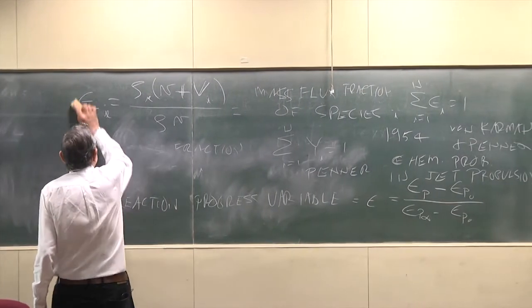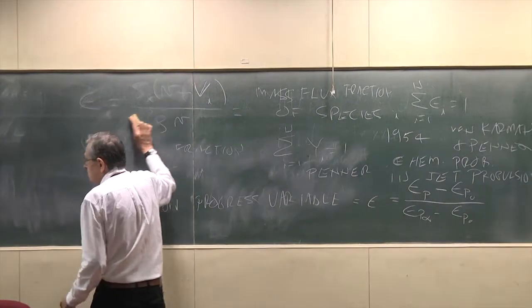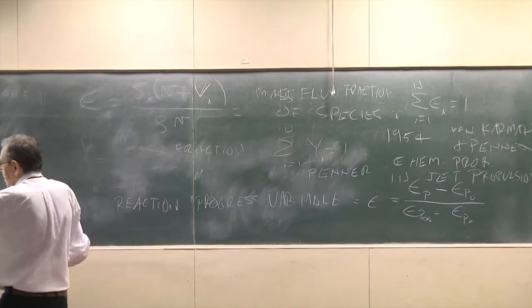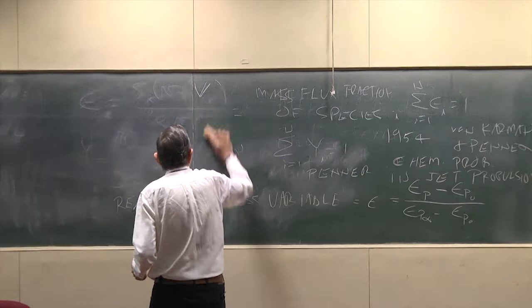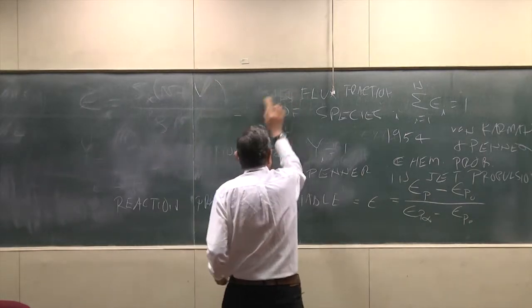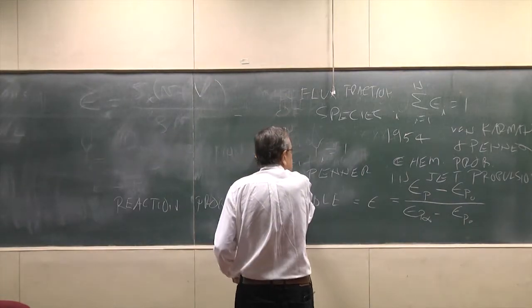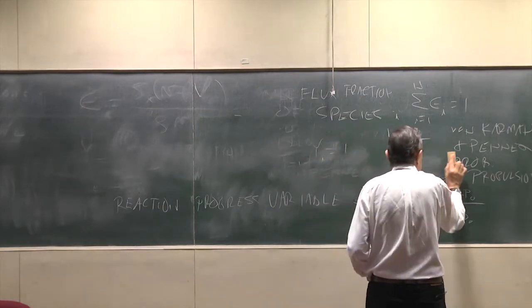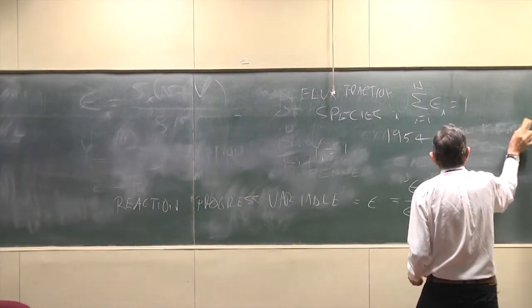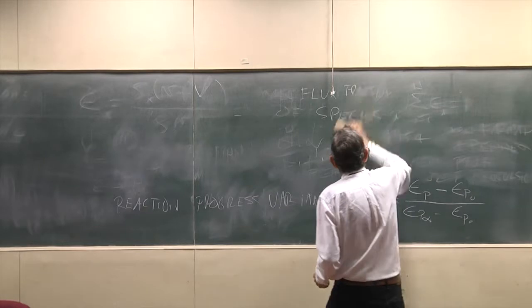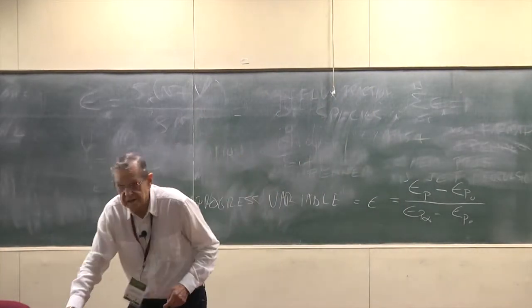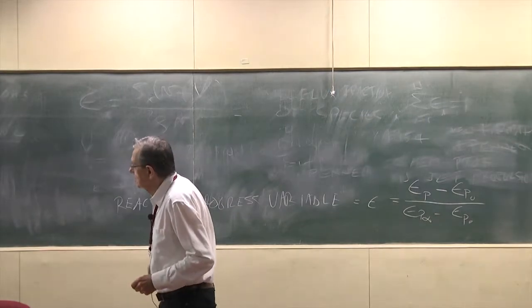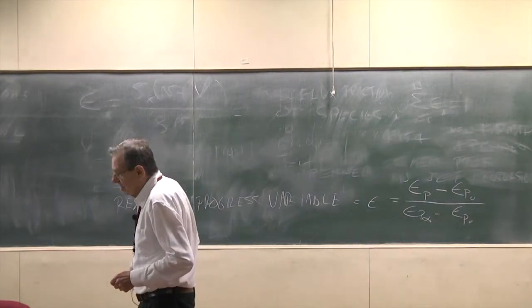These flux fractions are useful simply because in the species conservation equation they get rid of the complication of the diffusion velocities. They take that into account just automatically.